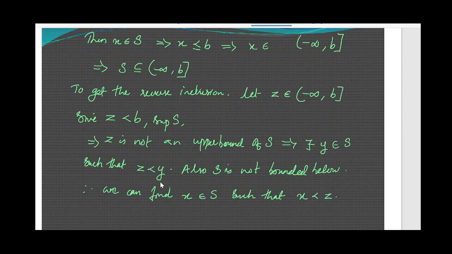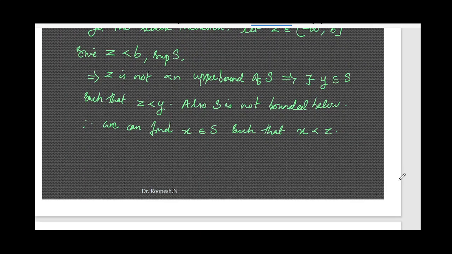So z is less than y. Now also S is not bounded below, which means if you take any element, we can go for an element which is lesser than the given element. So once you took z, we can go for an element which is less than z. You take that element as x. Now what you have here is x less than z less than y.